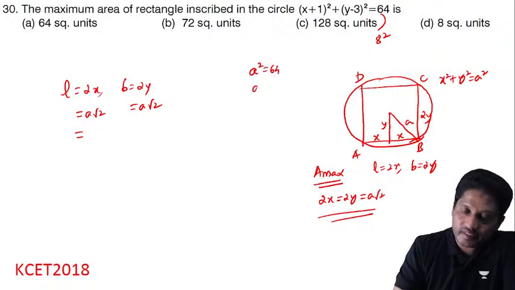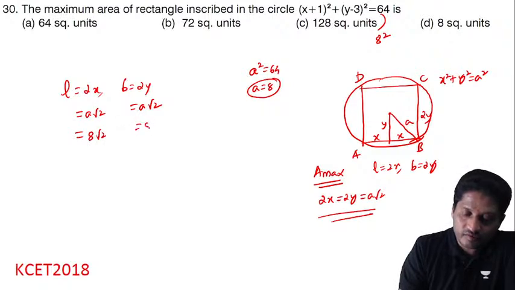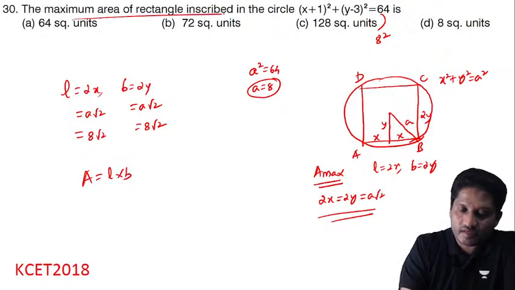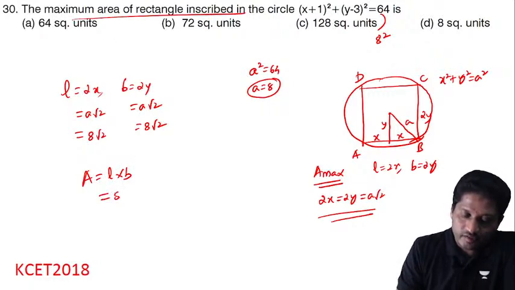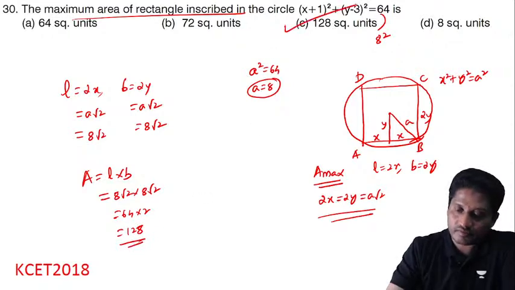In the given question, a is equal to 8. So the length is 8 root 2, and even the breadth is 8 root 2. Area is equal to length into breadth, right? He's asking what is the area of this rectangle. So 8 root 2 into 8 root 2 is 64 into 2, which is equal to 128. 128 square units. Answer is option C.